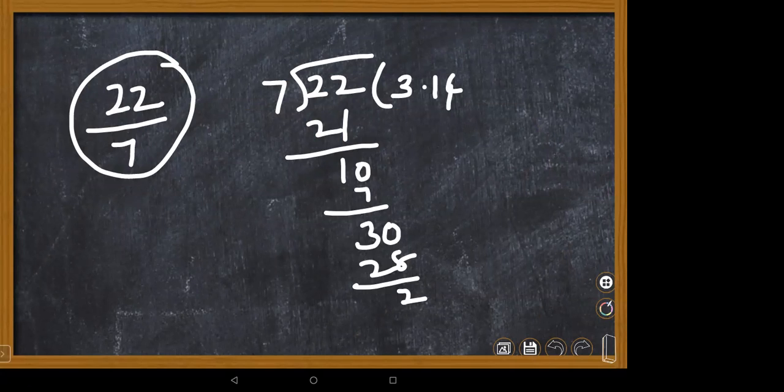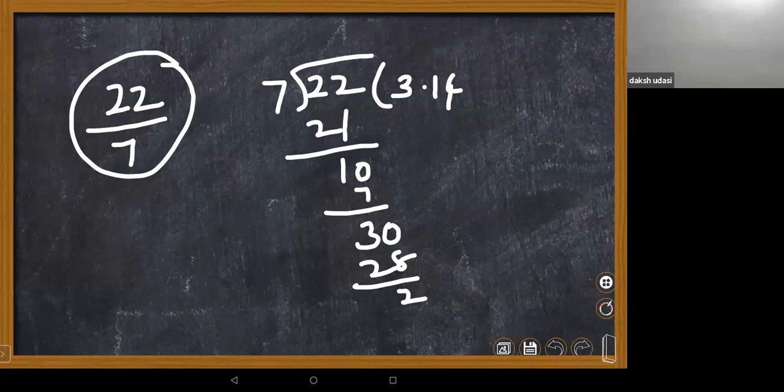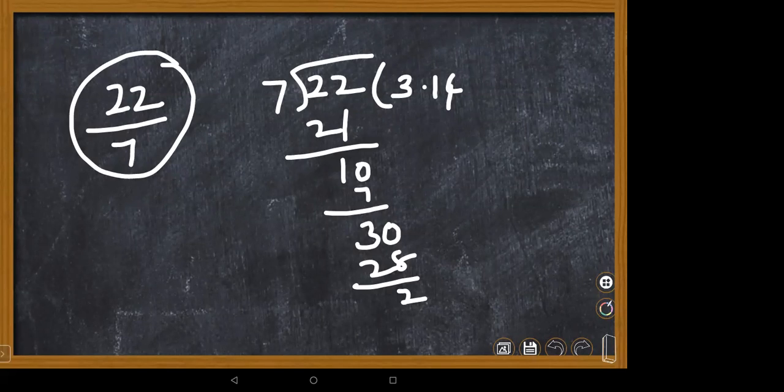How many places will you get? Let me know. Ma'am, Yadar said 3.142. Very good, Yadar. But still, you need to do till any repetition happens.